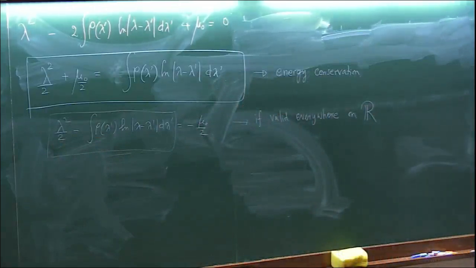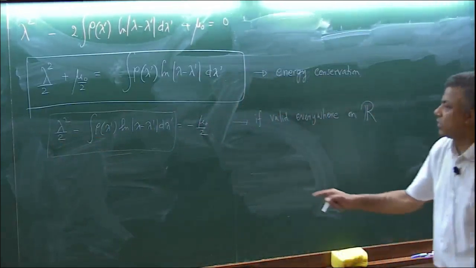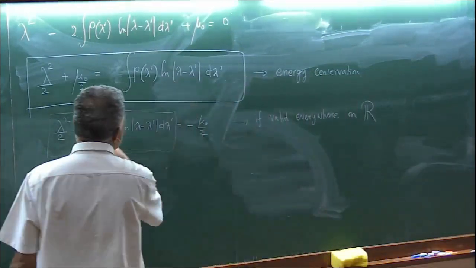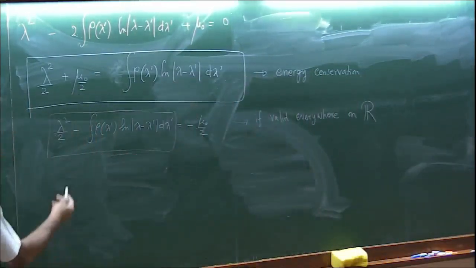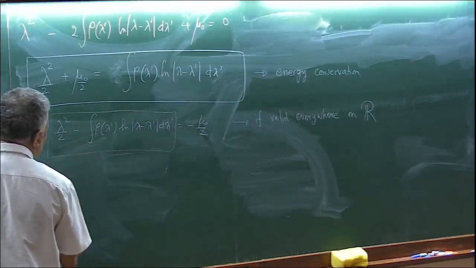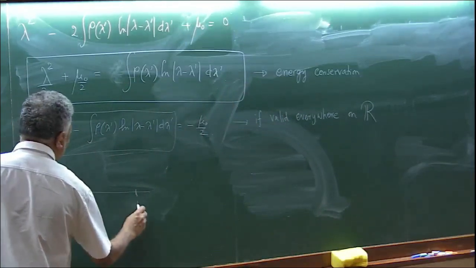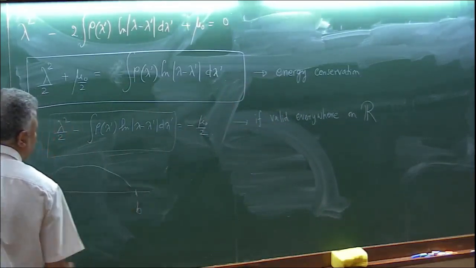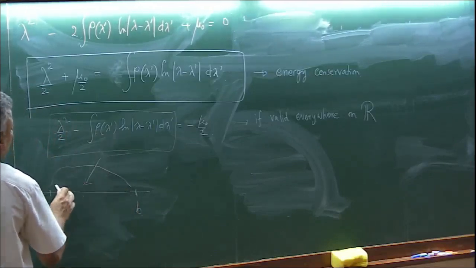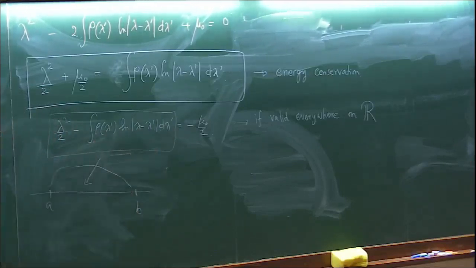This first thing indicates that this equation cannot be valid over the whole lambda plane. It is valid only where rho is non-zero. It indicates that the charge density must be over a finite support. So this equation will be valid only in this regime. I don't have the right to take the lambda going to infinity limit, because had the support been infinite, I could never satisfy this equation.